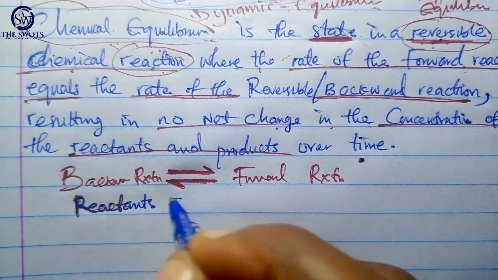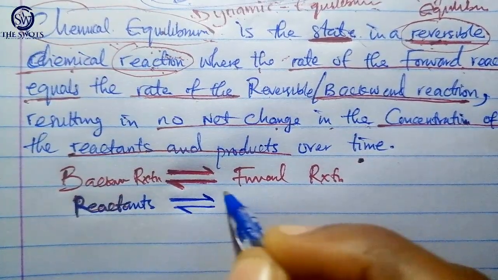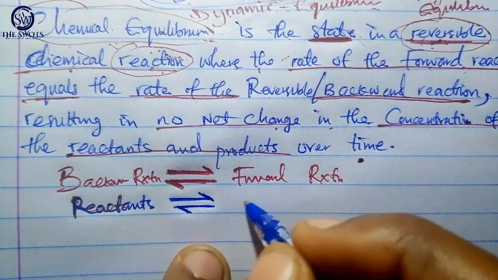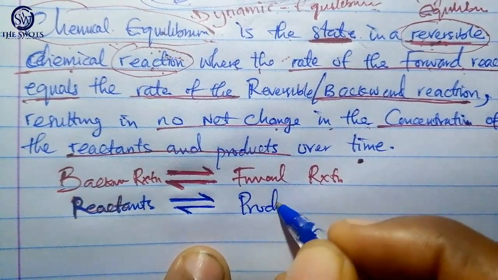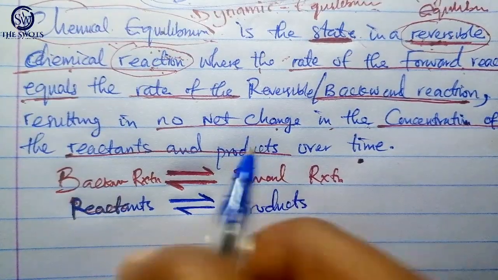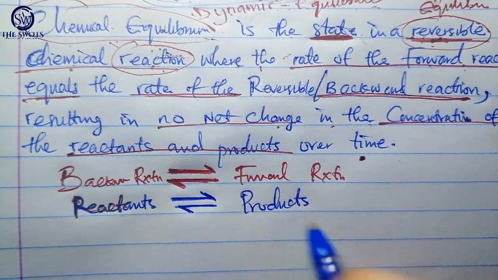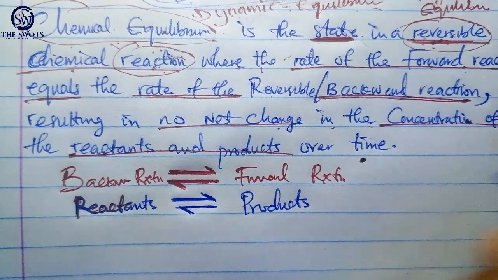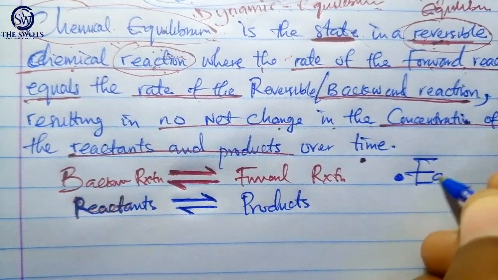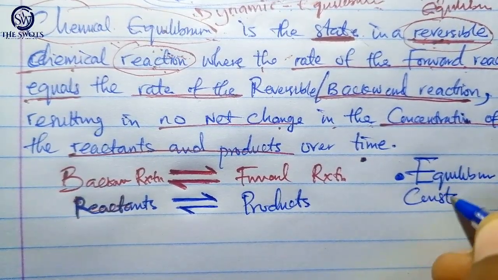Then forward reaction is talking about our products. Do you get it now? So that is what we need to understand first of all. Then don't forget, our main focus for this chemical equilibrium is our equilibrium constants.